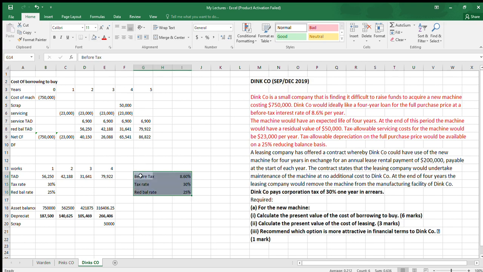We have the before-tax rate per the question, which is 8.60%. We have the tax rate, and we have the reducing balance rate. But we won't touch the reducing balance rate.